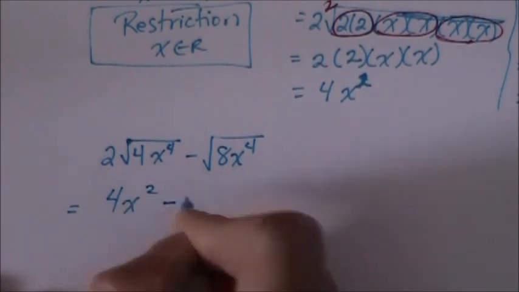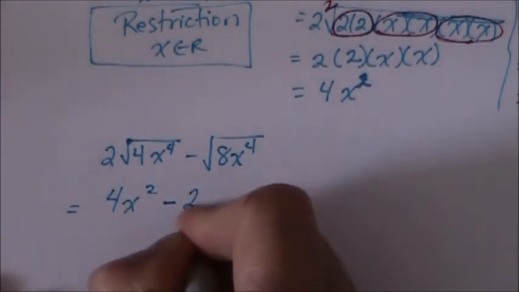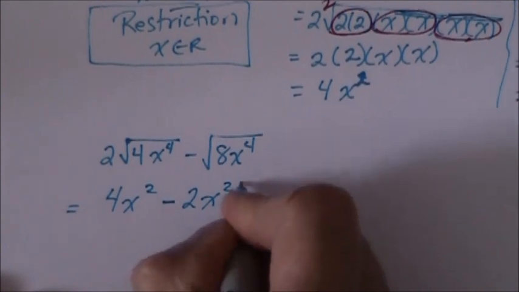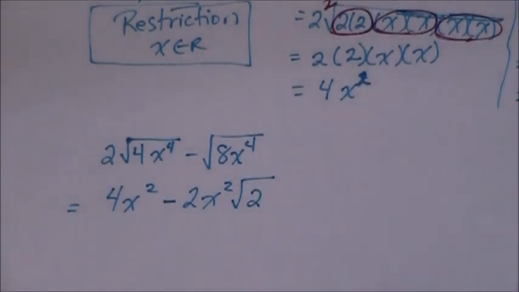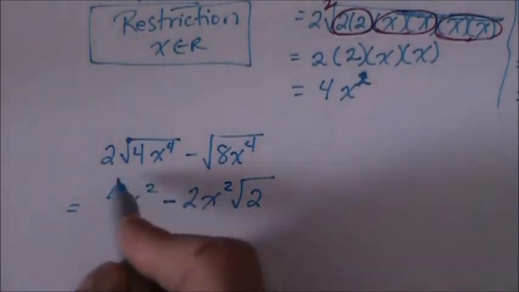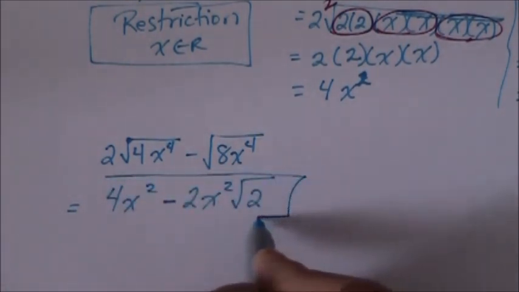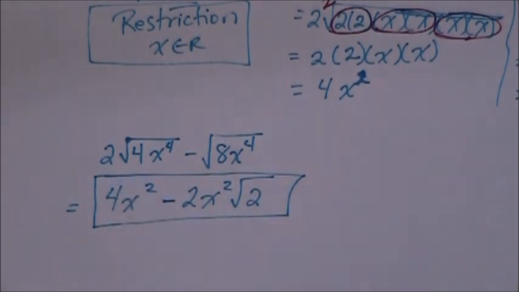We still have our minus sign. The second one was 2x squared, square root 2. And now we have to decide if these are like terms. Looking at them, this one has a radical, this one does not. So they are not like terms, which means we cannot subtract them. And that would be our final answer.